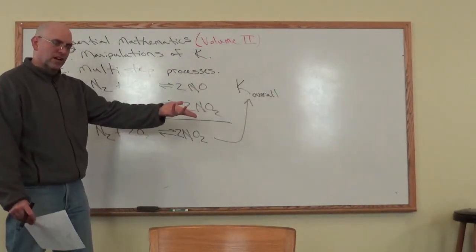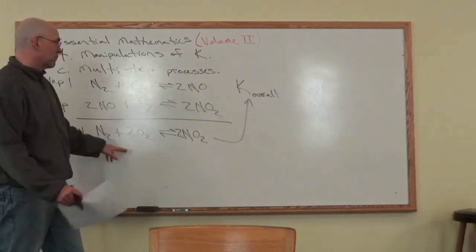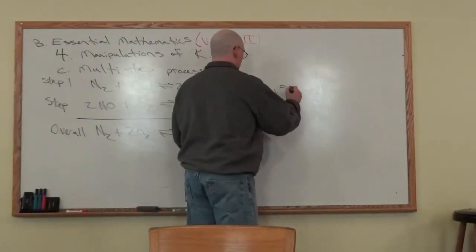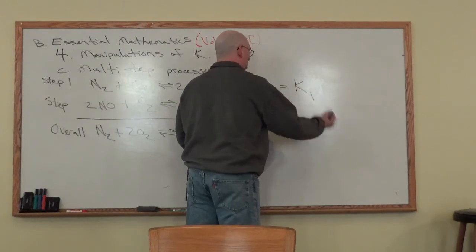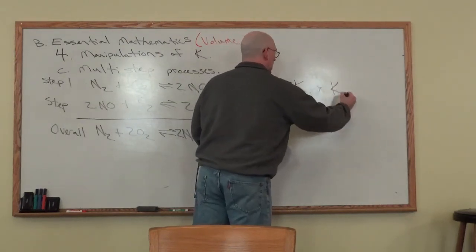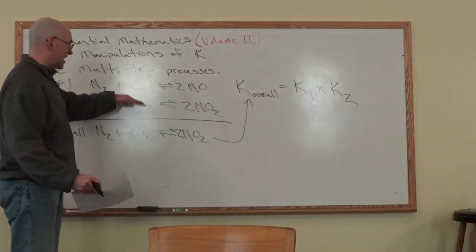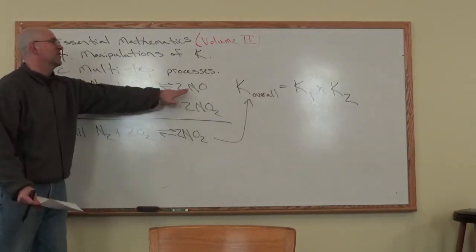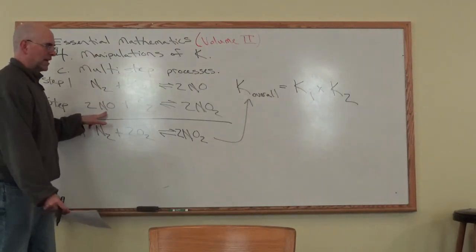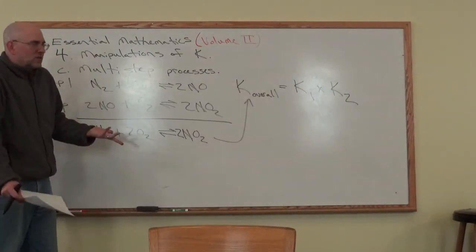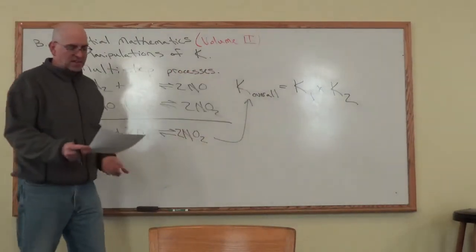I'm just showing you the derivation. The K for this overall is going to be the K for step 1 times the K for step 2. Now you can actually show this K and multiply them. Well, what's going to cancel? That's going to cancel, and you're going to be left with this. So it's not that difficult to do. So K overall is the product.